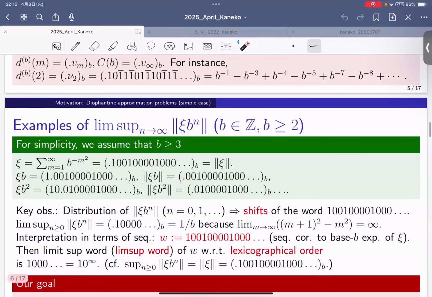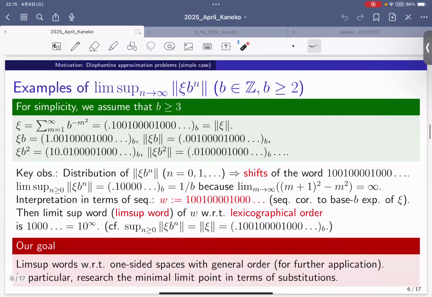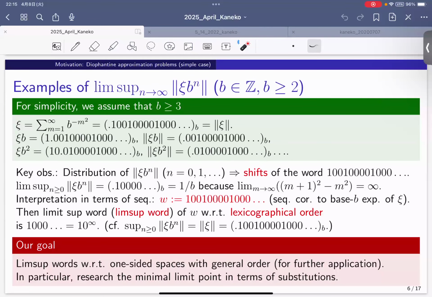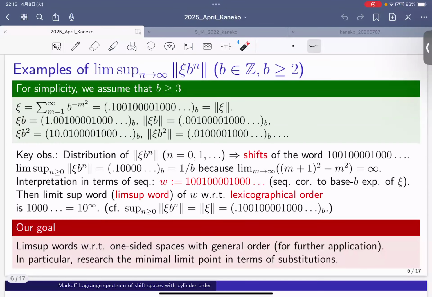So in order to explain that, I would like to introduce examples of limsup of ||C B^n||. For simplicity, we consider the case where B is at least 3. So we consider the case where C is a particular real number, like this: the sum of B to the -m squared.